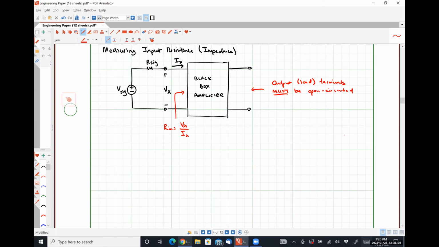Pardon me. Measuring output resistance, or impedance.